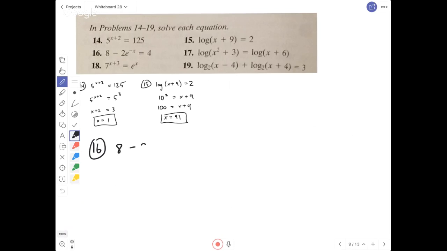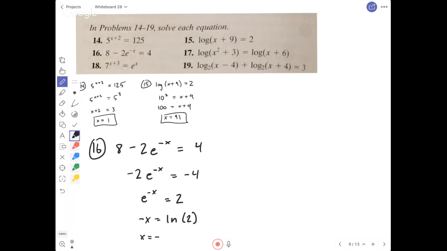16. 8 minus 2e to the negative x equals 4. So minus 8 minus 8, negative 2e to the negative x equals negative 4. Dividing by negative 2, e to the negative x equals 2. So rewriting as a log, negative x equals the natural log of 2.